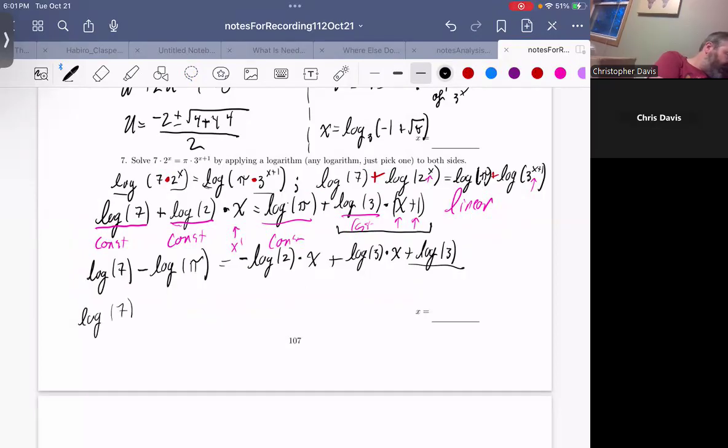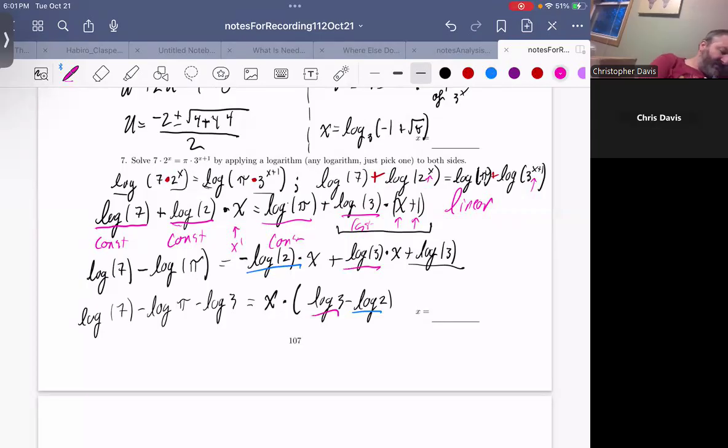Log 7 minus log pi minus log 3 equals, let's factor the x out of the side that has the x's. X times log 3 minus log 2. And you'll notice I wrote them in the opposite order. That's because I like to see the positive thing before the negative thing.